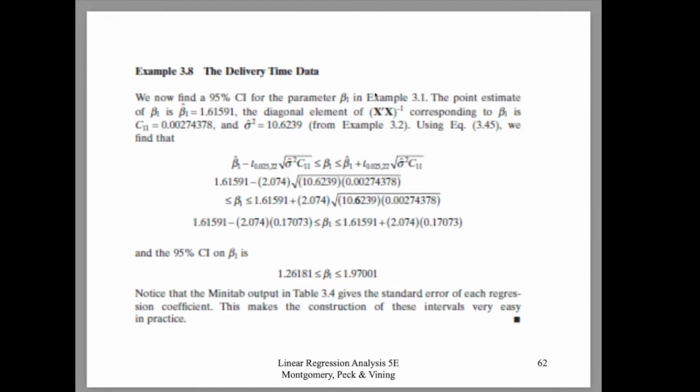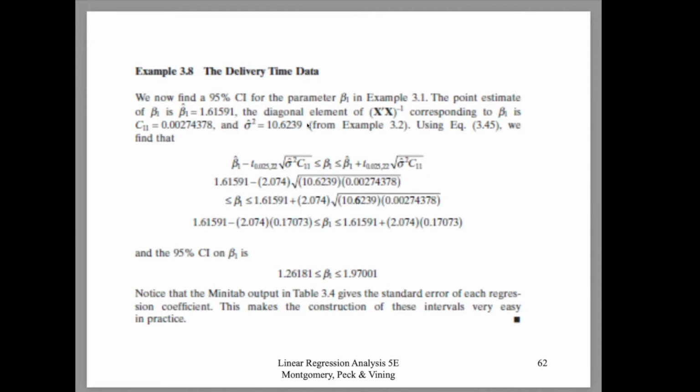And the x prime x inverse matrix, that is that matrix that they're calling C. And what we need to do is to get the entry in the, it's actually in the second diagonal position, but it's labeled C sub 1, 1 here.